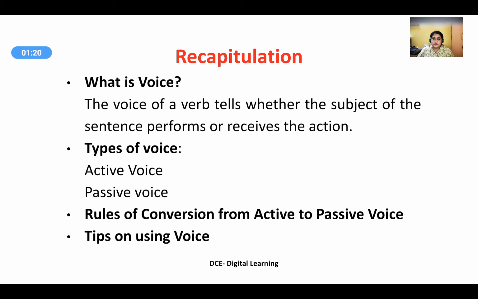And the two types of voice are active voice and passive voice. Remember, in active voice, the focus is on the person doing the action, and in the passive voice, the focus is on the action, not the person doing the action. And then we also discussed the rules of conversion from active to passive voice and also tips on how to use the voice.